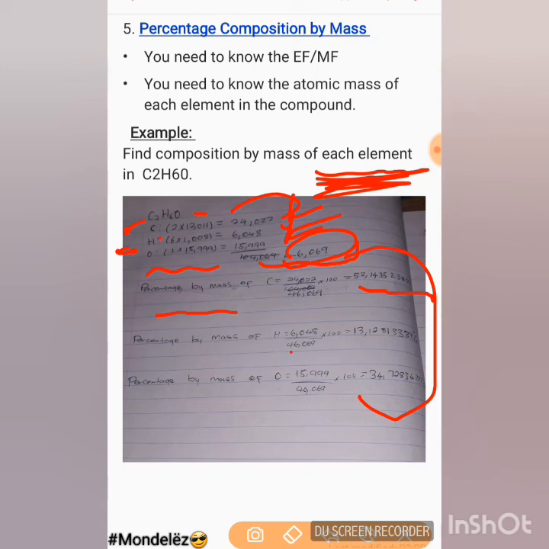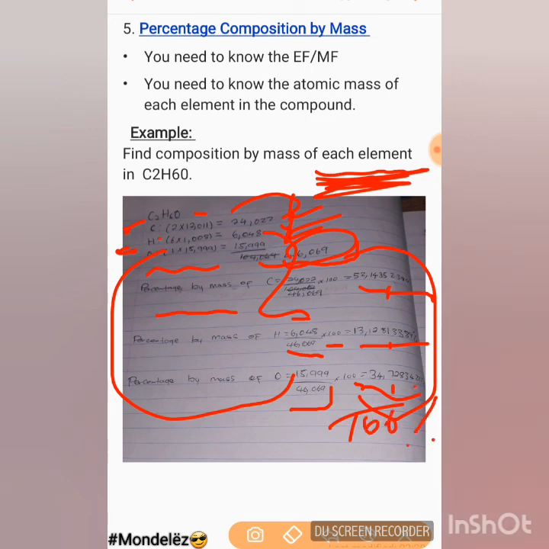For hydrogen, still the same thing: you divide what you got here by 46.069 and multiply by 100. Same for oxygen. When you add these up, they will give you 100%. That's just to check if you're on the right path.